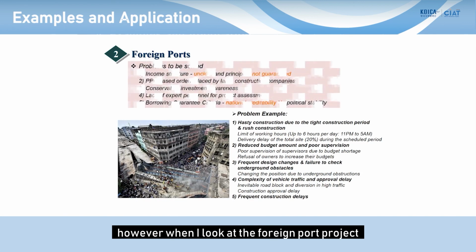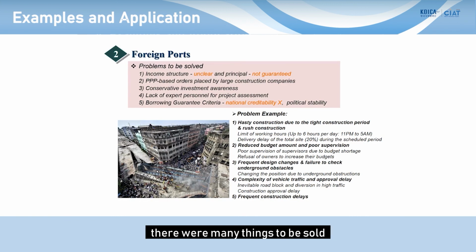However, when I looked at the foreign port projects, there were many things to be solved, such as income structure. We don't know the principle of the structures, and also the concerned country is not making a guarantee to the new structure.